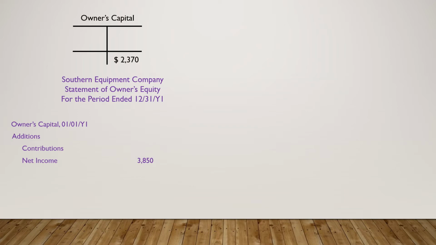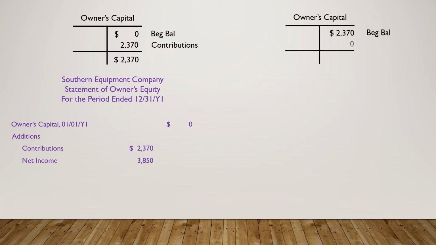If this year is indeed the very first year of operation, owner's capital has a beginning balance of 0, and the owner invested $2,370 to yield its balance. In this case, the statement of owner's equity will appear as follows. However, if $2,370 is the actual beginning balance, and the owner did not make any contributions, the statement of owner's equity will be as follows.